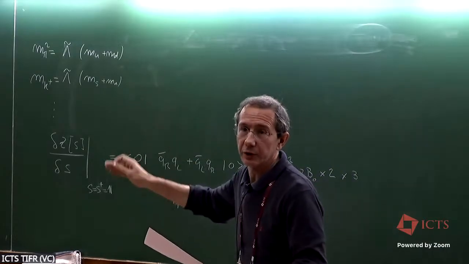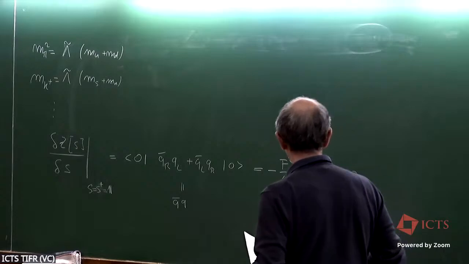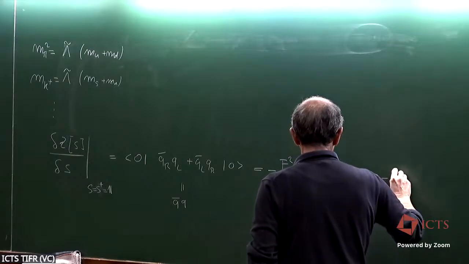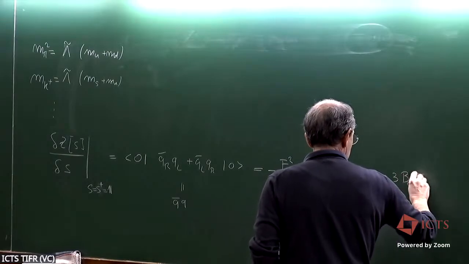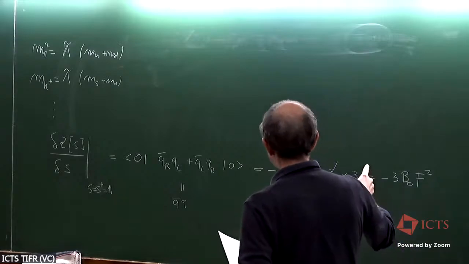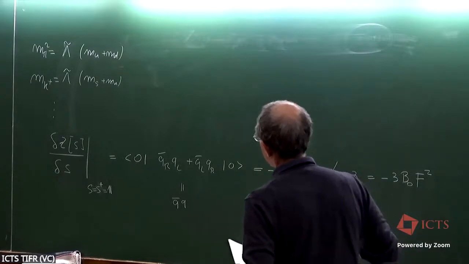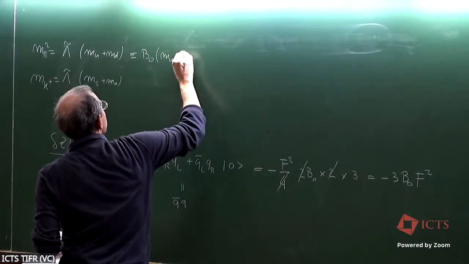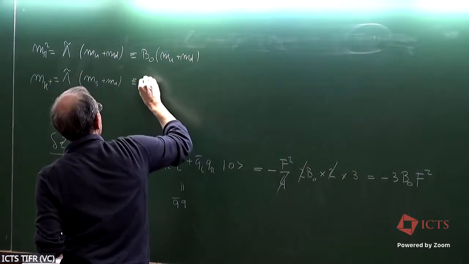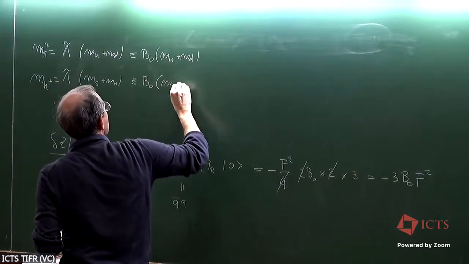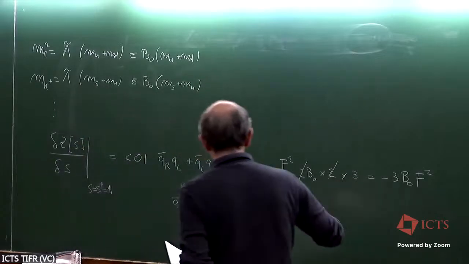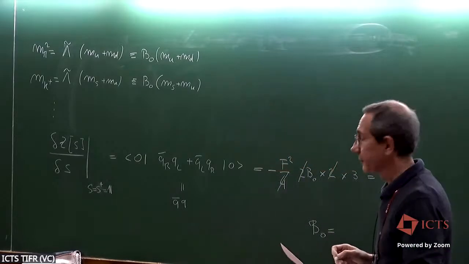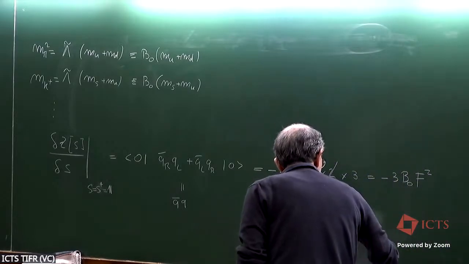Because for NF equal 3, we are in 3 dimensions. So you see that this parameter B0, which is equal to this lambda, is nothing but the vacuum expectation value of Q Q bar. Okay, so it's a minus 1 over.